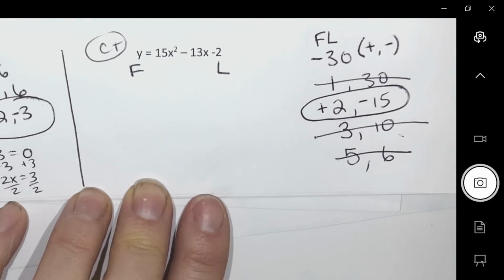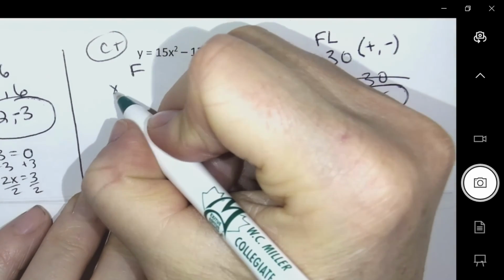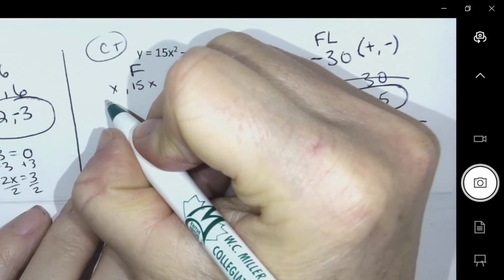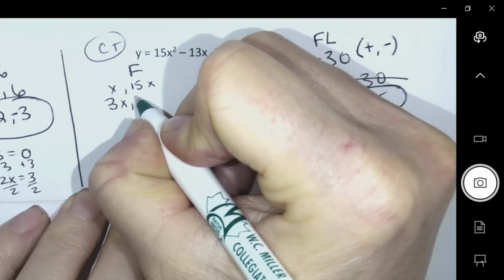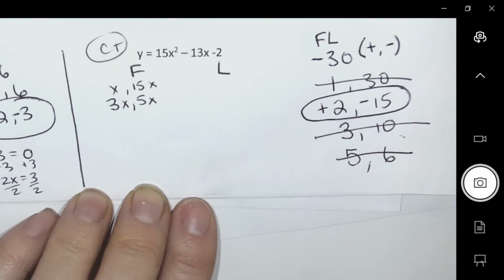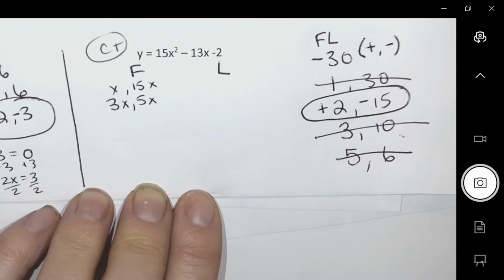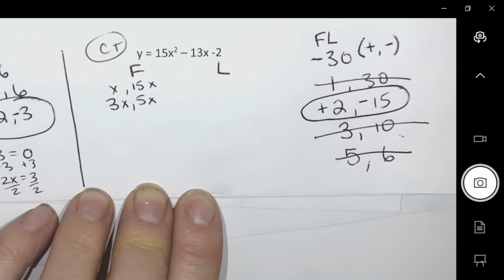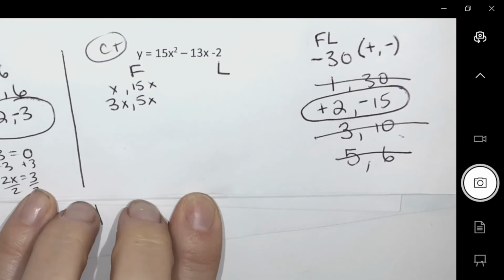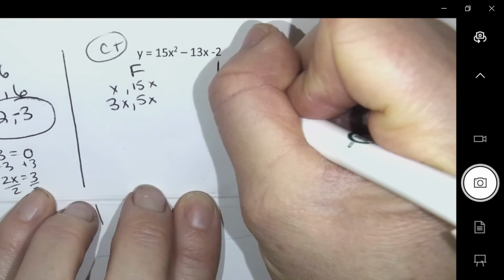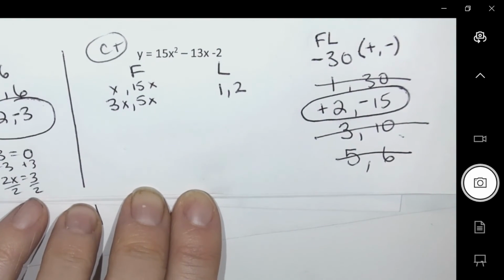Okay, so let's make our combos here. I could use an x and a 15x. Or I could use a 3x and 5x. That's the ways that I could get the 15. I could do a 1 times a 2 there.